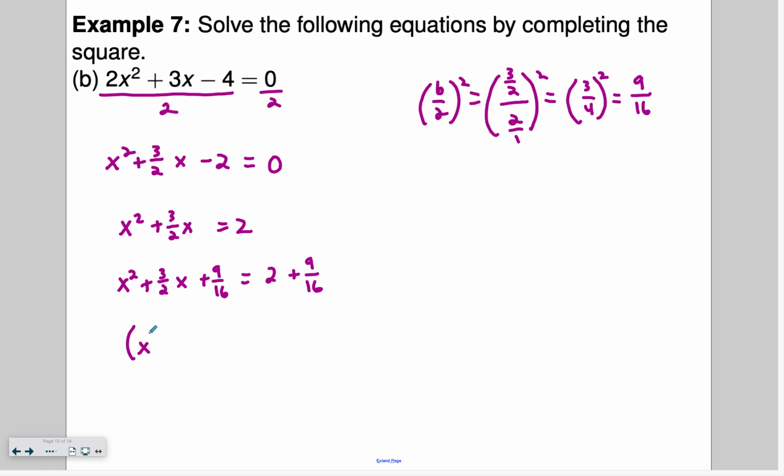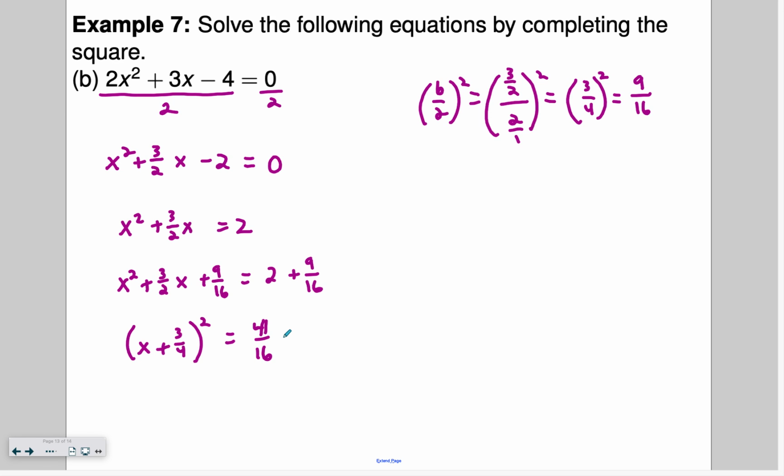So this is x plus 3 over 4 squared, because 3 over 4 times 3 over 4 is 9 over 16, and 3 over 4 plus 3 over 4 is 3 over 2. This is 32 over 16 plus 9 over 16, which is, eek, 41 over 16. Yeah, that's kind of gross.